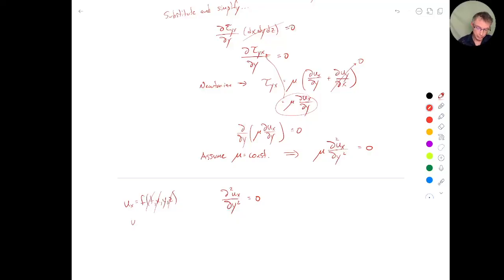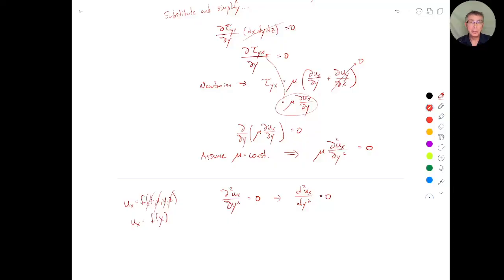So at most, the x velocity could be a function of y. So that means that these partial derivatives just become ordinary derivatives. It's just a little mathematical notation just to let you know that actually the x velocity is only a function of y.